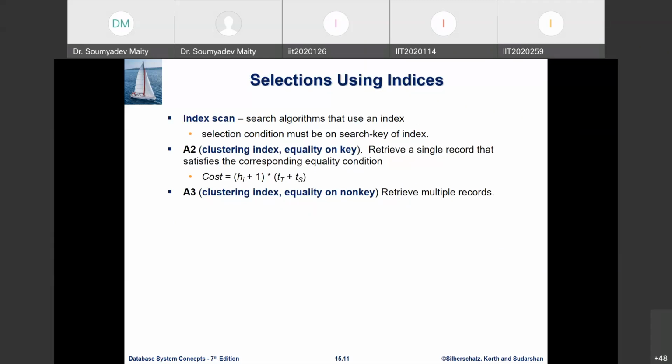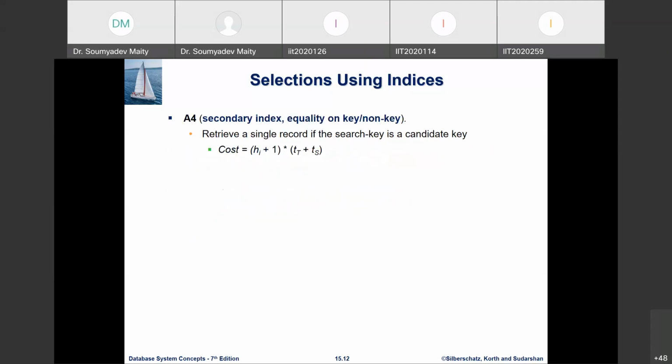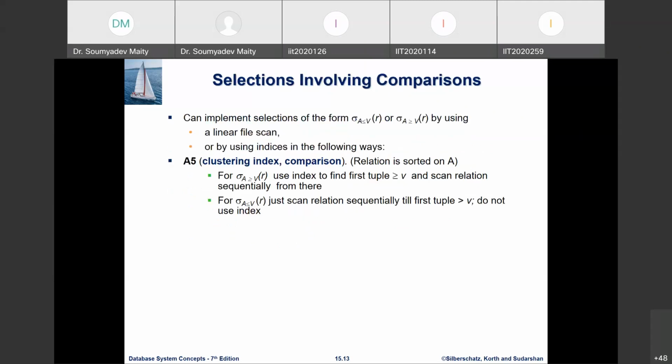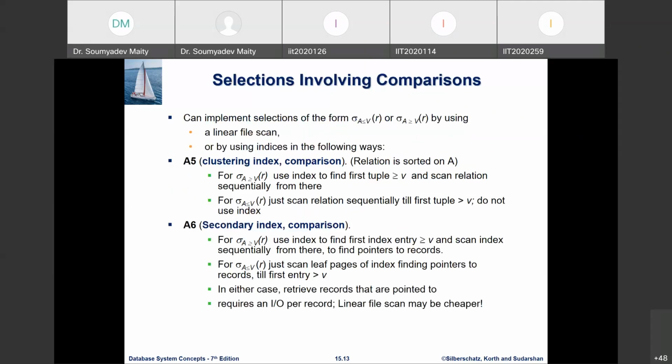Now, what kind of index, whether it is a clustering index or secondary index, what kind of search key we are using, whether it is a candidate key or non-candidate key, and what kind of condition you are looking for. Is it an equality condition? Is it an inequality condition? Greater than equal to condition or less than equal to condition? Depending on that, different strategies exist.